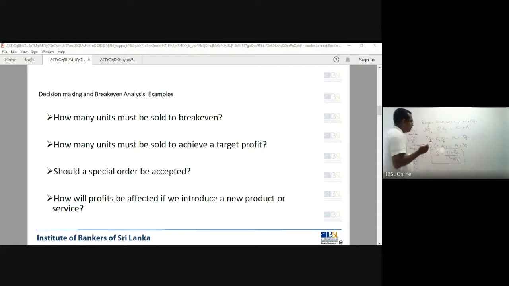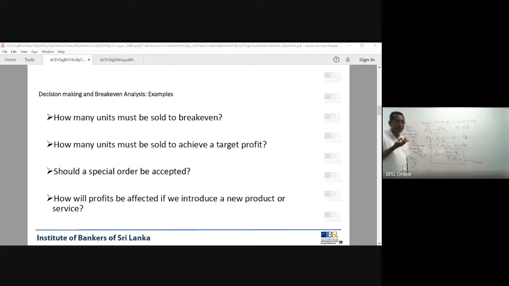So this is called contribution. Okay, that is price of a unit minus variable cost per unit.